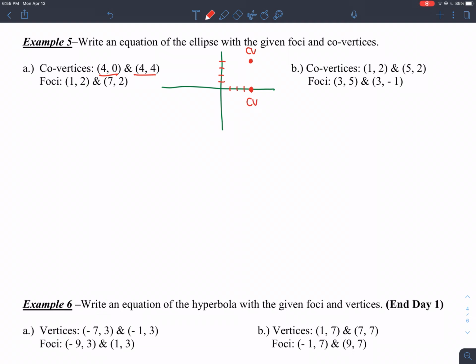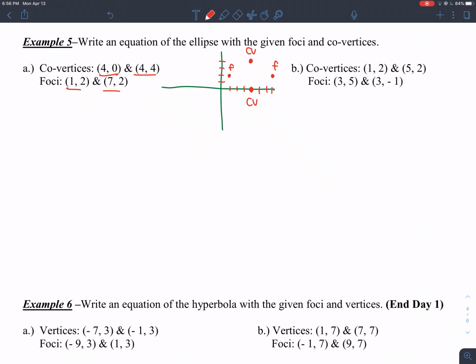Okay, fine. There are my two covertices, and then my foci are at (1, 2), that's a focus, and (7, 2), so 4, 5, 6, 7, 2. Here's a focus.